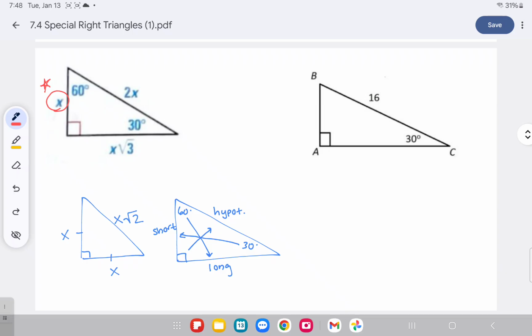To get the hypotenuse, you just multiply by 2. You'll see over here the hypotenuse is 2 times x, 2 times the short side. Remember, x represents the short side. And to get the long side, we take x, or our short side, times root 3.